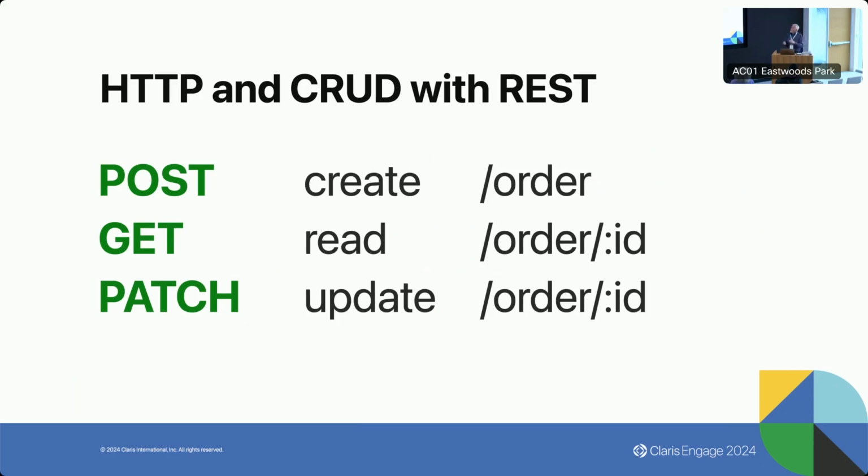When you look at what these verbs technically mean, put's kind of the right thing if you want to replace the whole order. With patch, you're generally just changing one or more fields in that order, whereas put would completely replace the order. Sometimes you will also see post being used with APIs, post used to update.